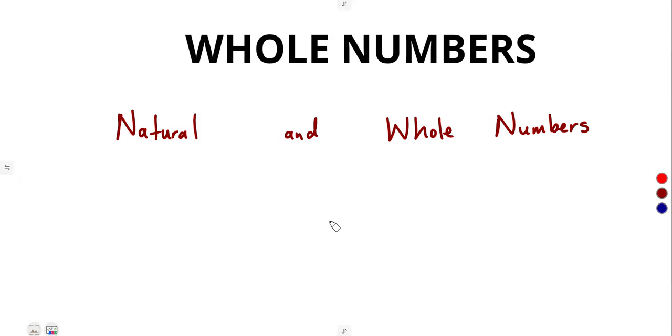So I'm not going to refer much to that because we have the basics. I'm just going to add one or two things. Let us start with natural numbers. Natural numbers are represented by the symbol N.